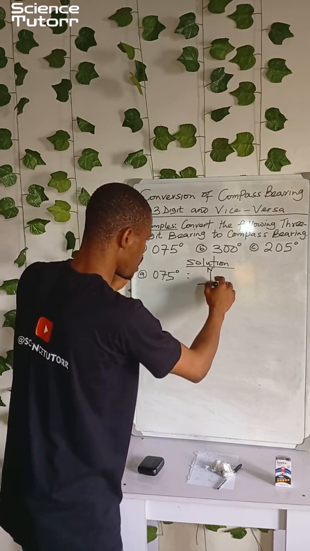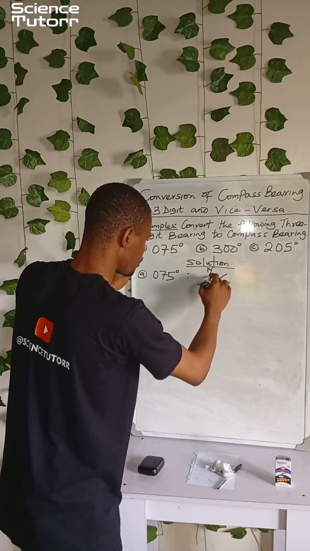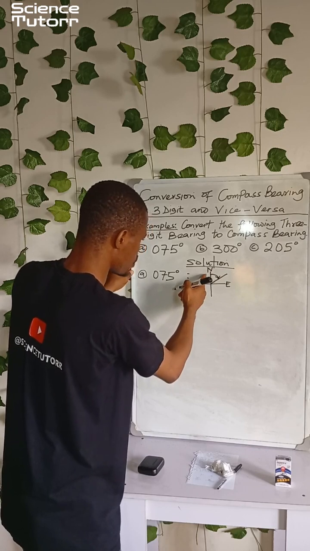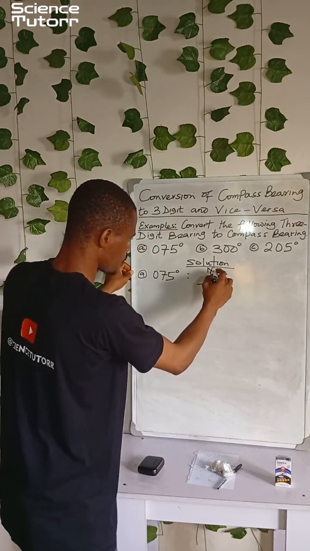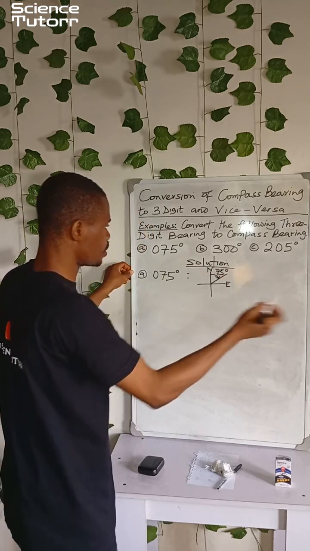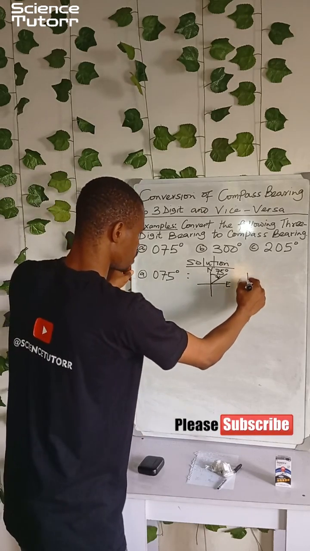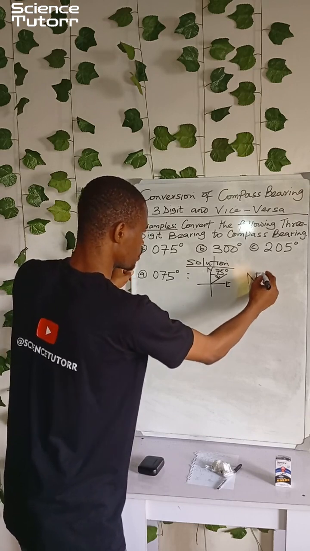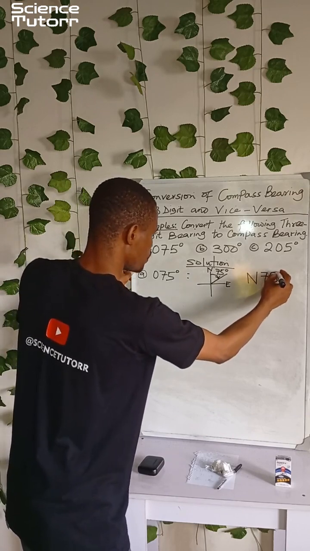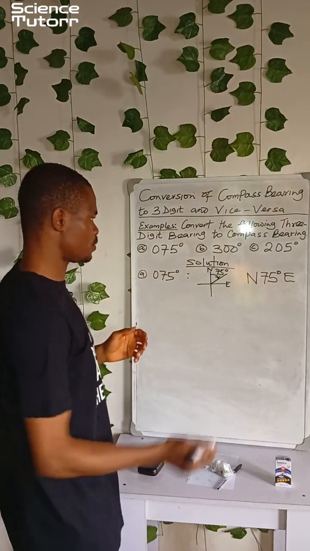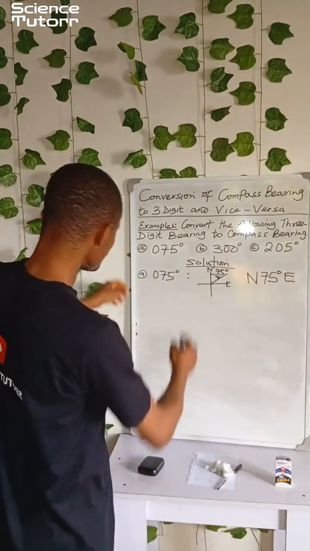We sketch this, this is our 75. It begins from the north. So at north 75 degrees, it means northeast, so the bearing will be north 75 degrees east.